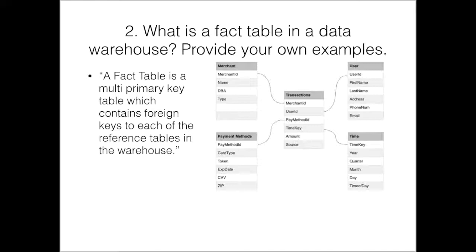And then finally, reaching down to the bottom right, we've got, of course, the time key, which goes out to the time table and has columns relating to the time of the transactions. This is a great example of the fact table being in the center of what they call a snowflake diagram, and the reference or dimension tables being around the outer edges.